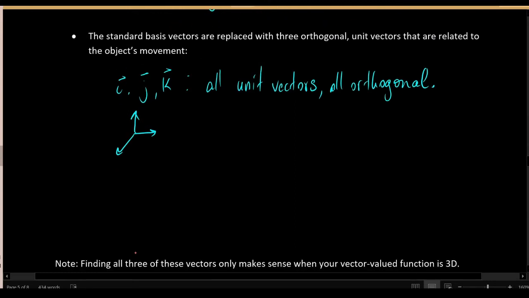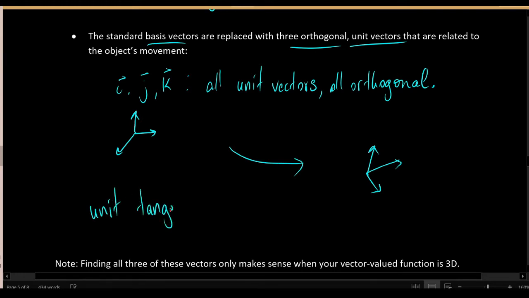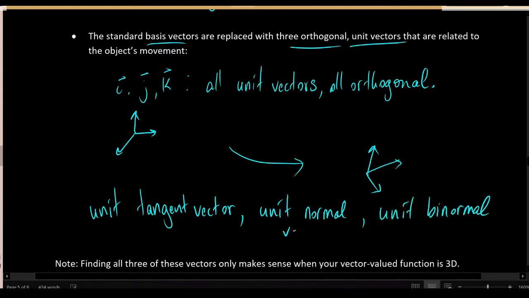And so we replace the standard basis vectors with three orthogonal length 1 vectors, and these vectors are called the unit tangent vector, the unit normal vector, and the unit binormal vector. The unit tangent vector is basically replacing i.